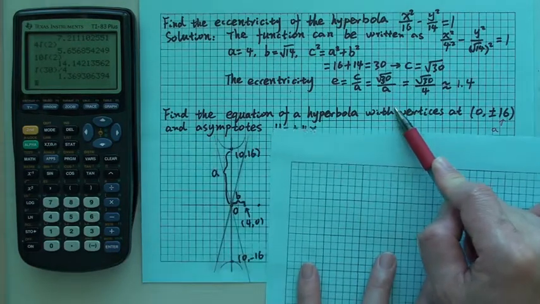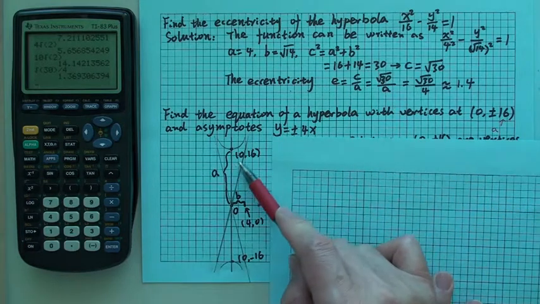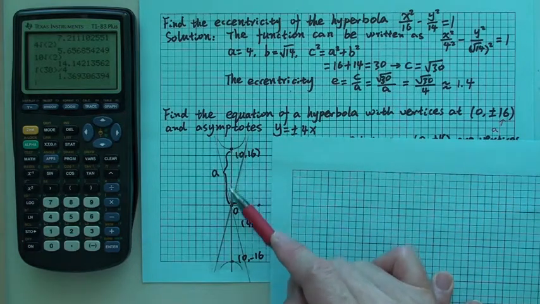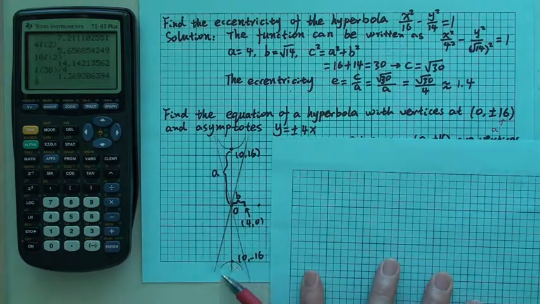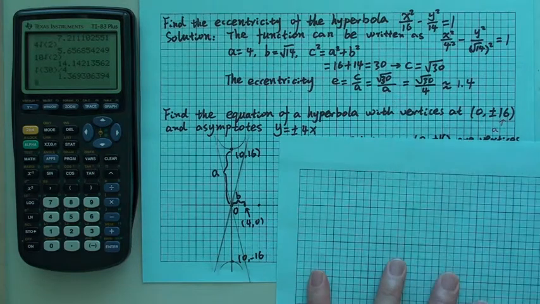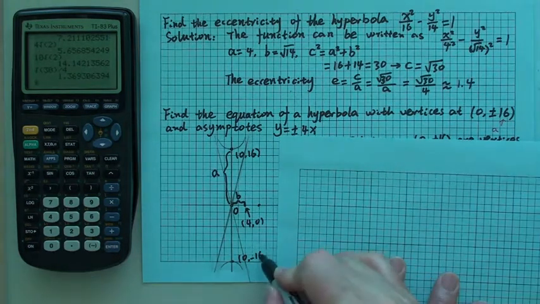You will have that in your mind. Basically it's like that. One vertex is (0, 16) here, which gives you a. The other is (0, negative 16).